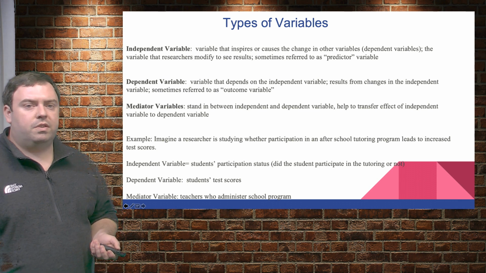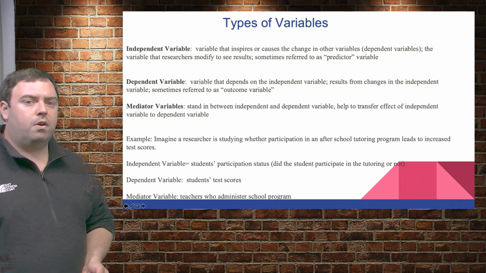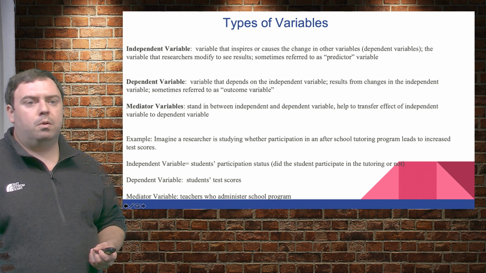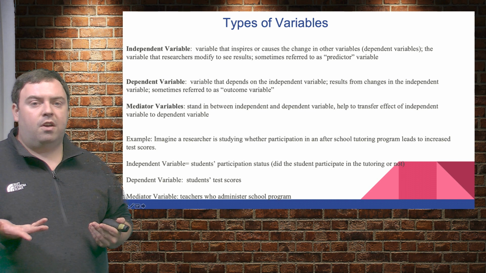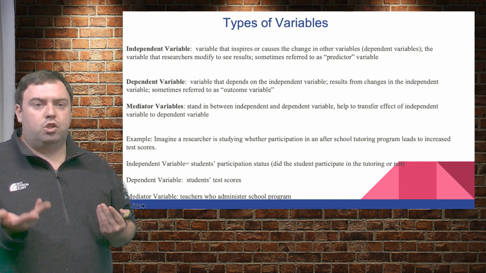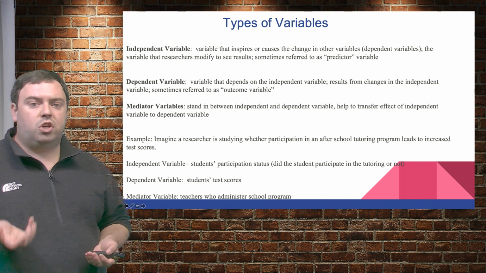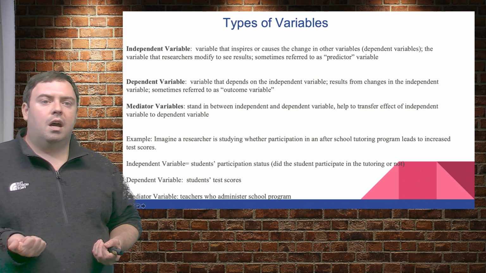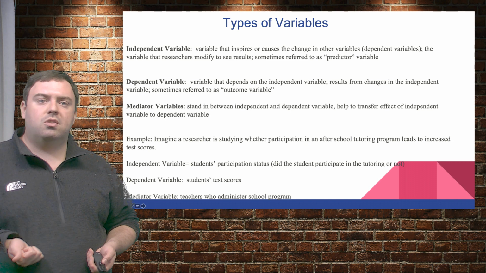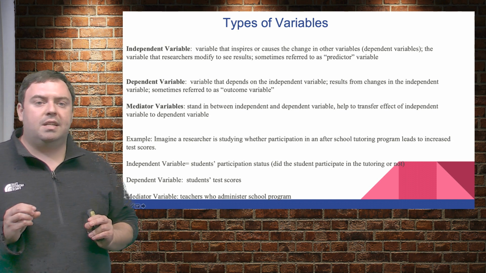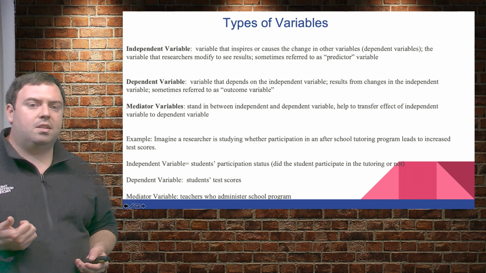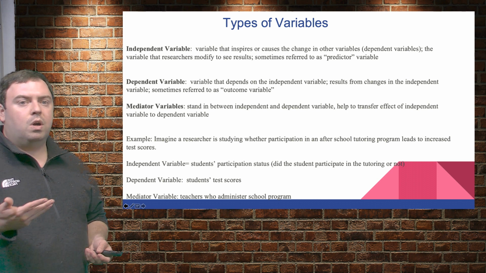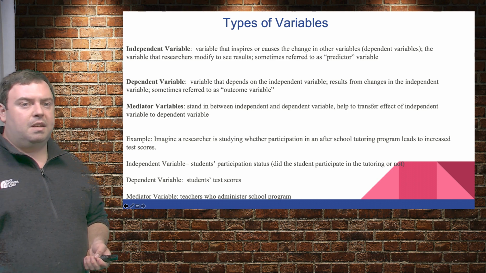So let's go into the different types of variables. We've already mentioned a little bit, but just to review, an independent variable is the variable that's in charge, the one that's inspiring the change between the relationship in the two variables. Another term that we sometimes use to describe this independent variable is the predictor variable. Based off the independent variable, we're seeing if we can predict what kind of change we would see in the dependent variable.